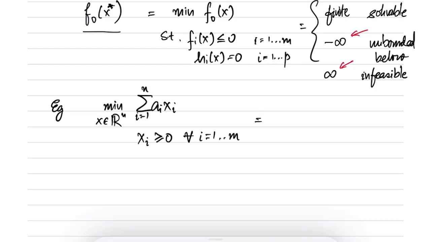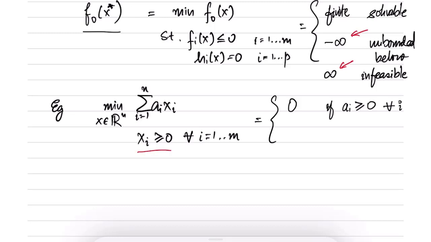So observe that in this case, the solution is 0 if ai is greater than or equal to 0 for all i. Why is that the case? Because we have xi greater than or equal to 0 and we are minimizing ai xi.